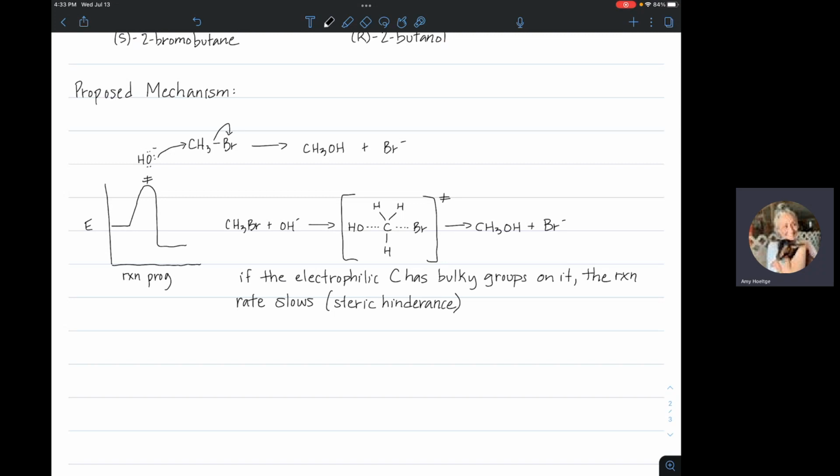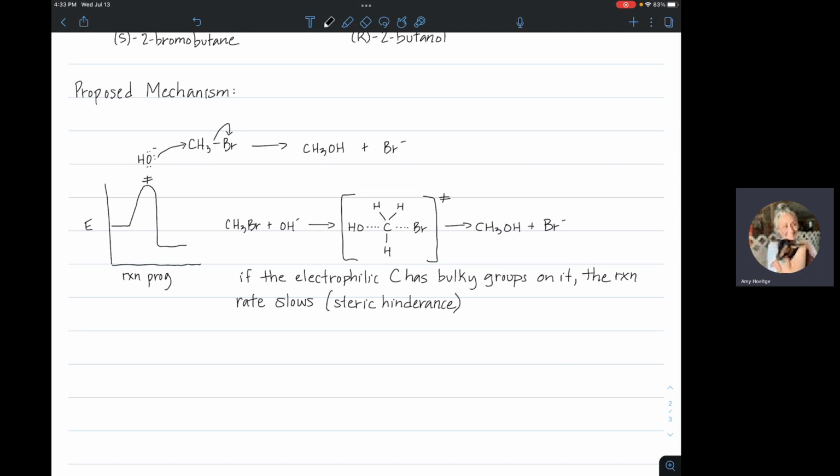So when we were talking before about the rate of reactivity with the alkyl halides, a methyl halide is going to be the most reactive because that's what you're looking at right here. The only groups on the carbon that bears the leaving group are going to be hydrogens. With a primary alkyl halide, you've got some R group, a couple of hydrogens, and then your leaving group. With a secondary alkyl halide, you have two R groups, a hydrogen, and then your leaving group. And with a tertiary alkyl halide, that doesn't undergo an SN2 reaction.